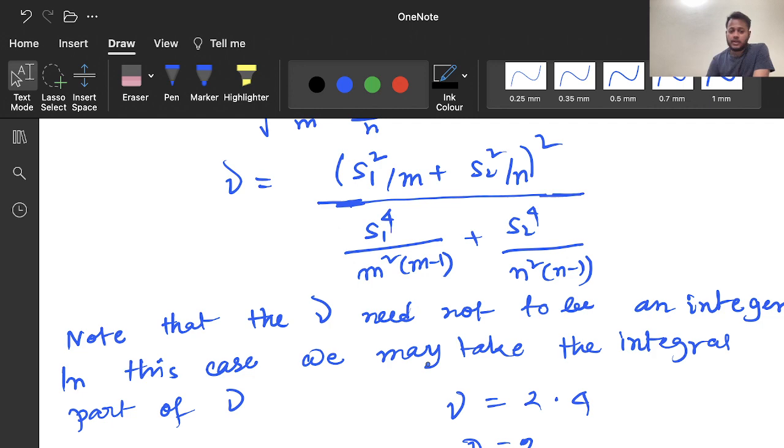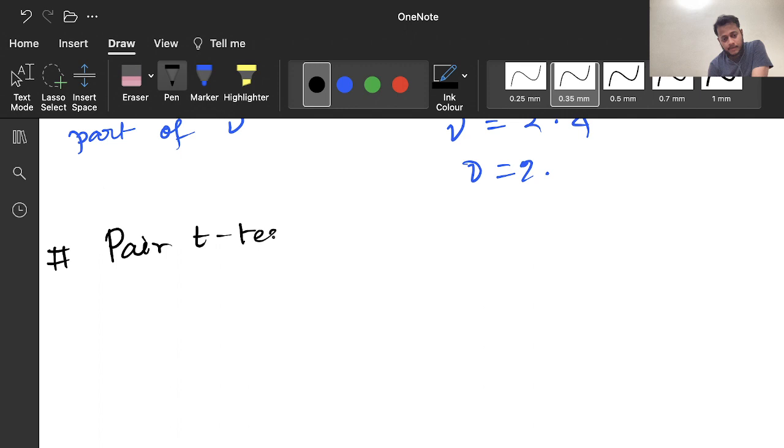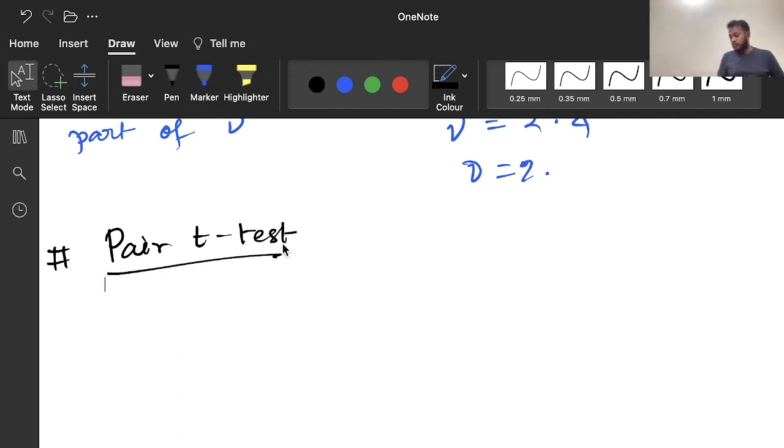Now we will see another thing in today's lecture, that is the paired t-test. Up to now, whatever we have seen in the two sample test, the both samples x1, x2, ..., xm and y1, y2, ..., yn are unpaired samples, meaning those two are not dependent on each other.